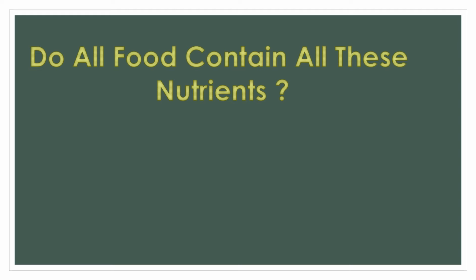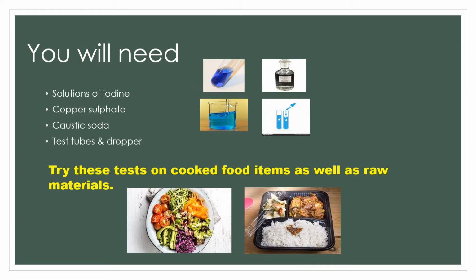But one question in our mind: do all foods contain all these nutrients? No. So how will we find out? With some simple methods we can test whether our cooked food or a raw ingredient contains one or more of these nutrients.